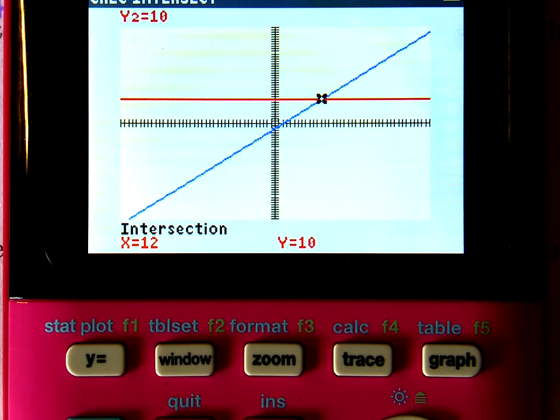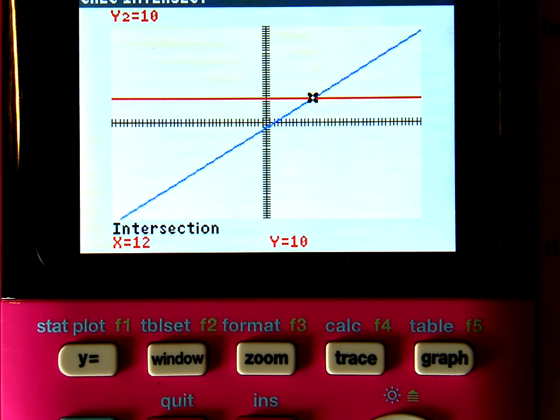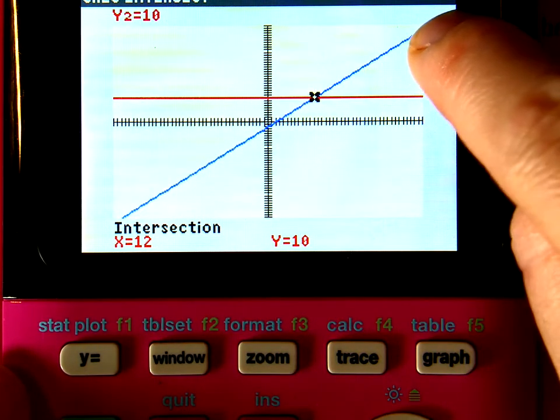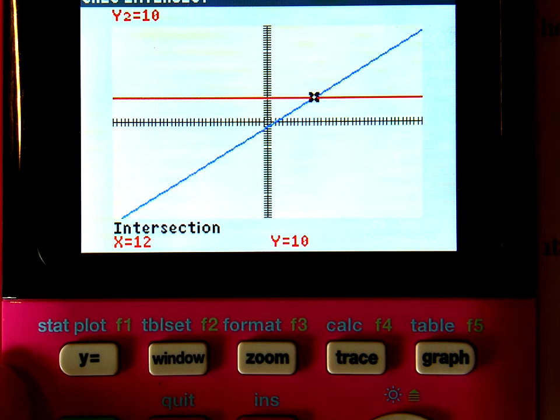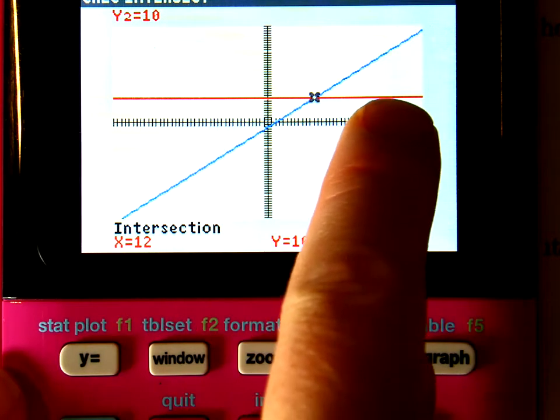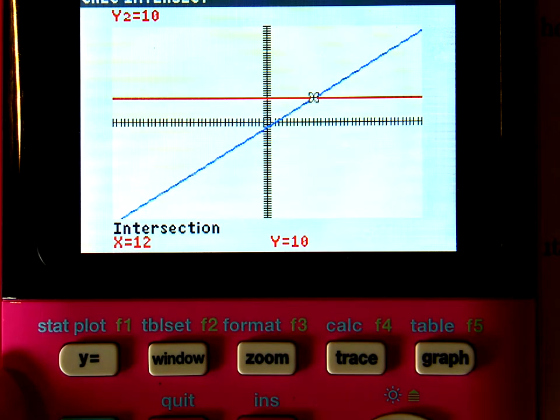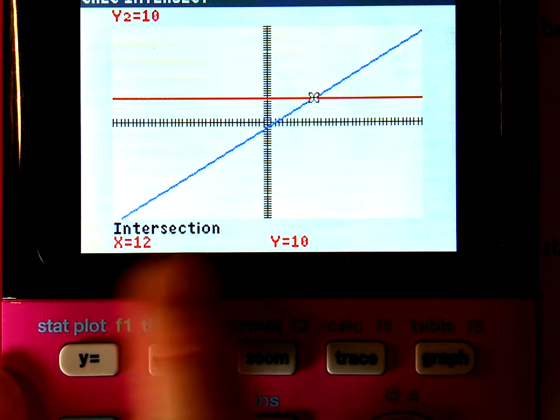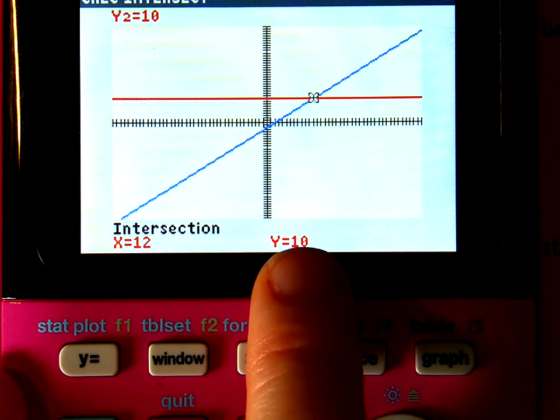So this one being our left side of the equation and the red one representing the right side of our equation, where they meet, the x value is 12 and the y value is 10.